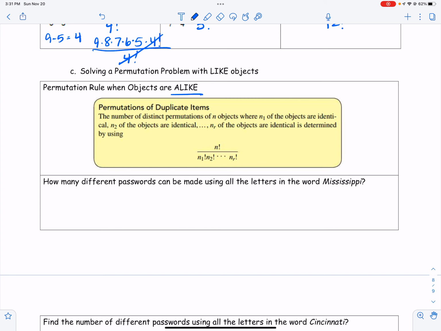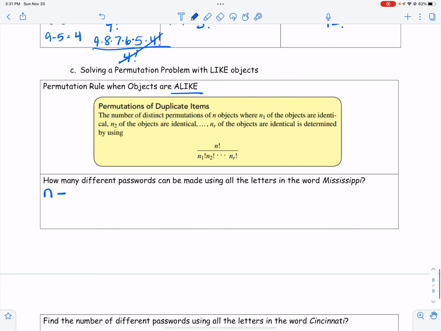So what you're going to do is you're going to first count the number of letters. So the total number of letters in Mississippi is 13, okay? Then you're going to remove any, sorry, I'm looking at the wrong one. The number of letters in Mississippi is 11. Sorry. The number of letters in Mississippi is 11, okay?